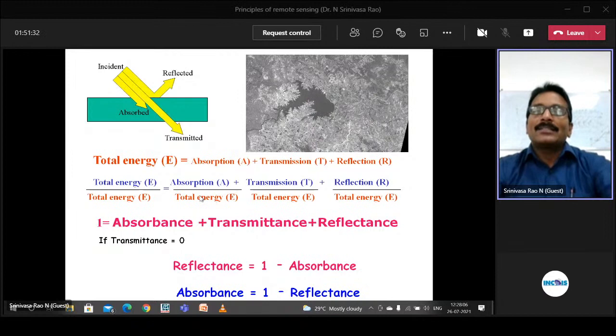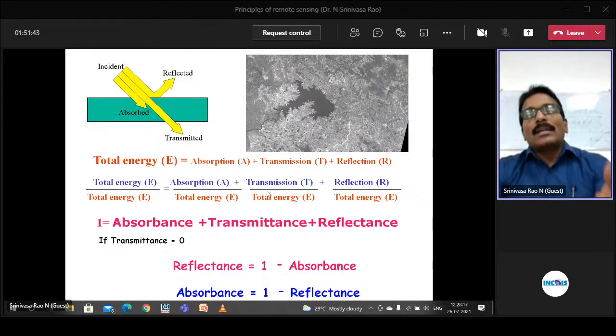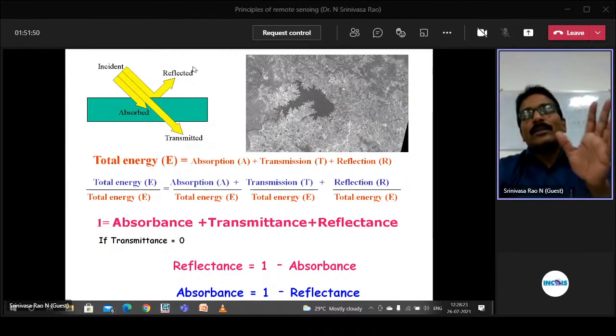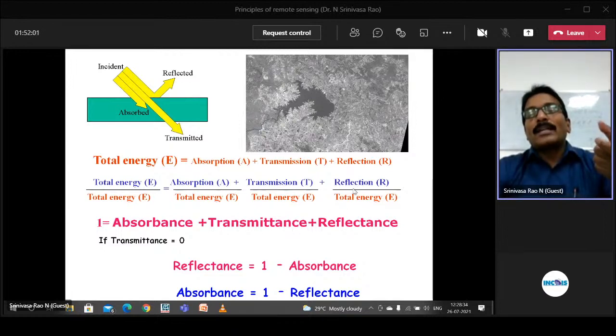Incident energy means irradiance: within 1 second, within 1 square meter area, how many packets of energy are falling. So absorbed energy by total energy, transmitted energy by total energy, and reflected energy by total energy sum to 1. Reflected means change of direction. Absorbed energy by total energy is the absorbance, transmitted energy by total energy is the transmittance, and reflected energy by total energy is the reflectance.